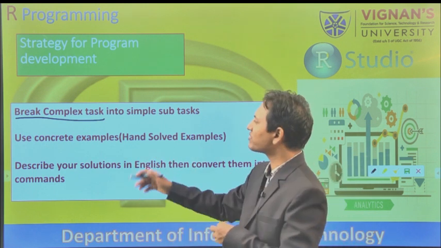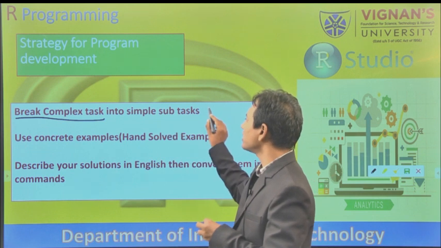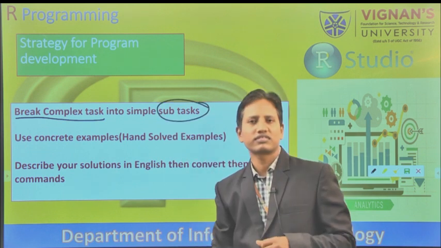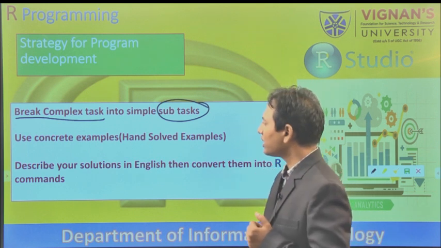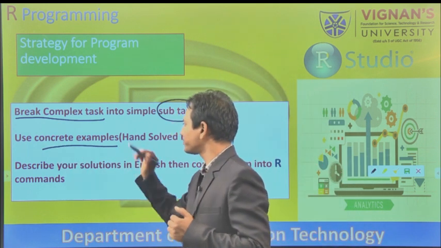So that is the first strategy: break the complex task into simple subtasks. Small tasks we have to divide. Then use concrete examples.